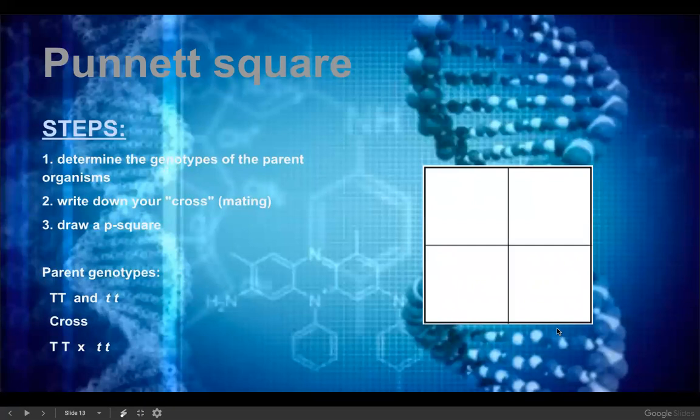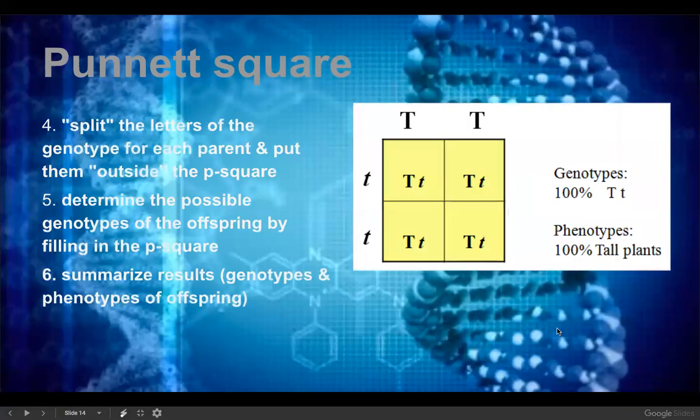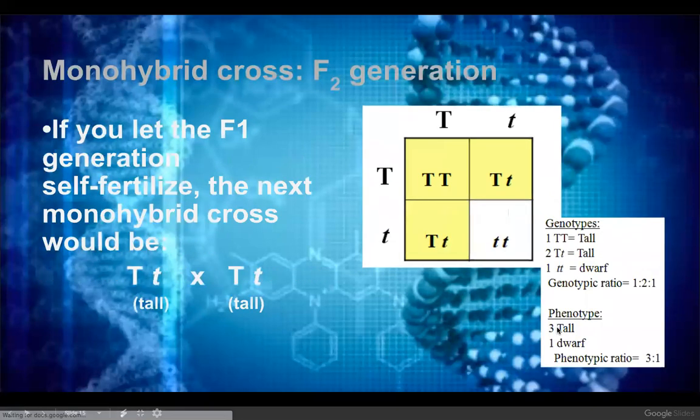All right, so determine the genotypes of the parents, write down your cross, draw a Punnett square, and then add into the boxes. Okay, pretty straightforward. Split the letters of the genotype for each parent and put them outside the Punnett square. Determine the possible genotypes of offspring, filling in the Punnett square, and summarize the results.